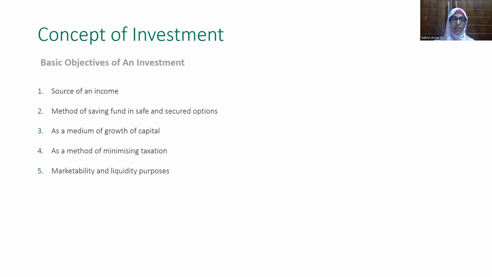Okay. Also, another basic objective is as a medium of growth of capital. Why do you say investment is a medium of growth of capital? Because, as I explained to you before, when we invest, do we invest thinking, I have 10,000 pounds, and when I put it in a bank, do I expect just the 10,000 pounds back?